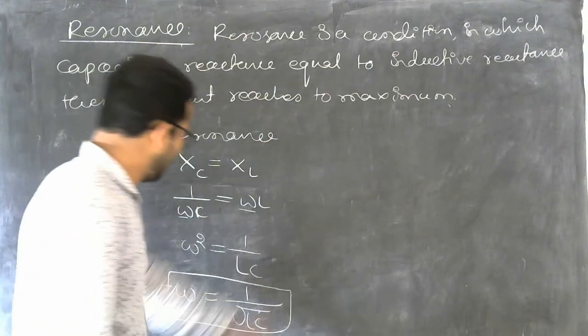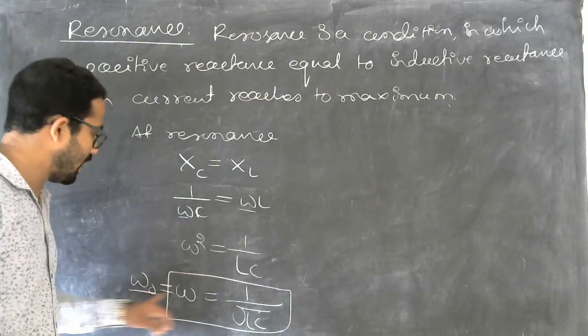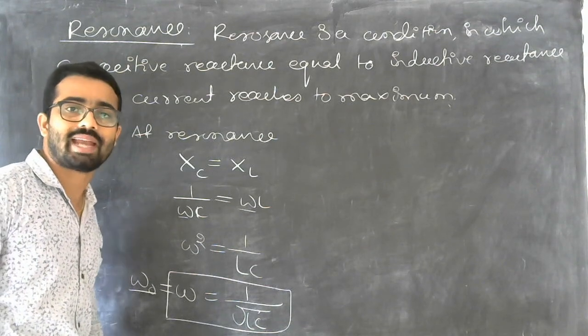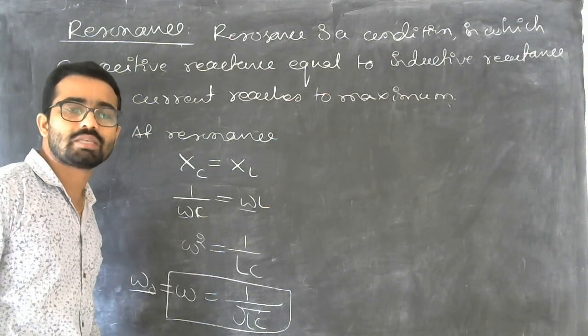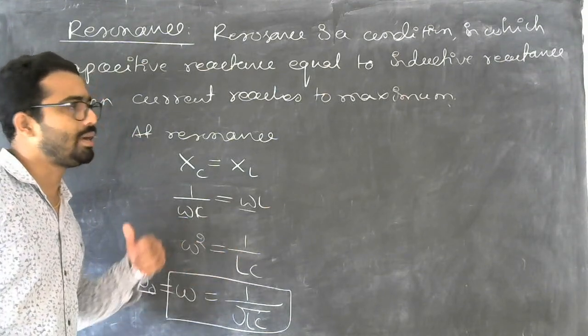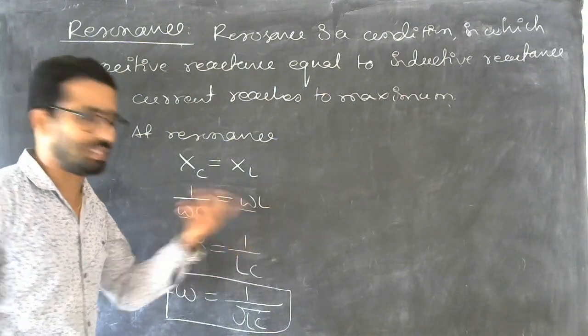So this frequency omega naught, 1 by square root of LC, is called the resonant frequency. At that condition, maximum resonance occurs, or I can say current amplitude is maximum.